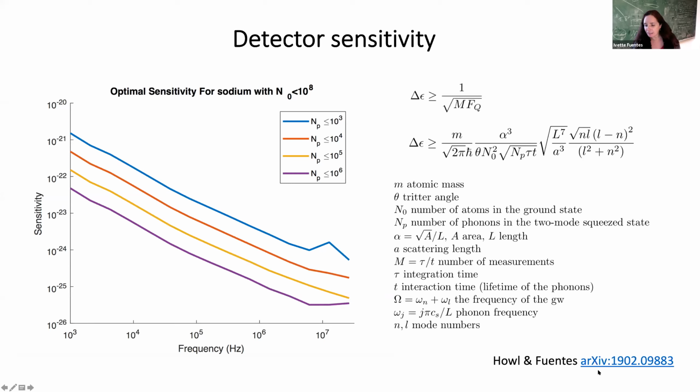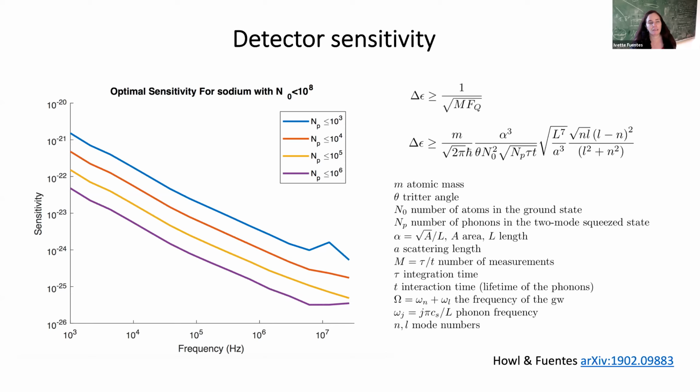But in this reference here, and I put the paper in the discussion, you can see the details of how we derive this, and how first we're writing things in terms of the speed of sound.